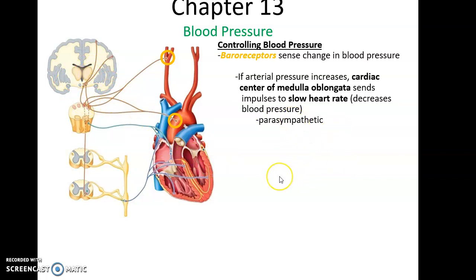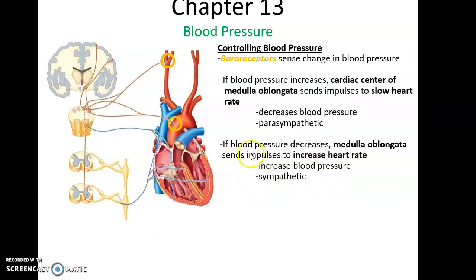That is, of course, the parasympathetic division of the autonomic nervous system. So again, we have baroreceptors detecting blood pressure in the major arteries. If they detect higher than desired blood pressure, that information goes to the cardiac center in the medulla oblongata, and then commands are sent out to slow the heart rate, decreasing the blood pressure.